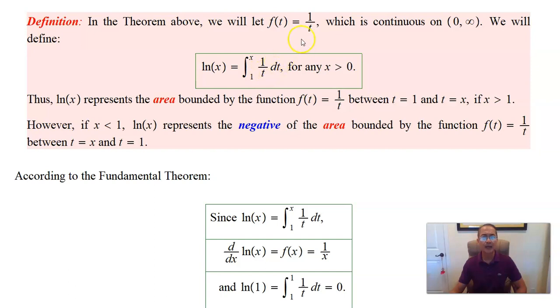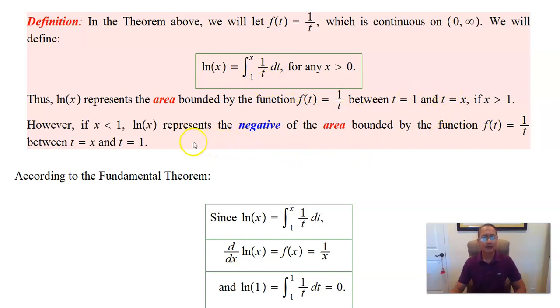In either case, 1 over t is always positive from 0 to infinity. If t is positive, 1 over t is also positive. So therefore, when x is bigger than 1, this function represents the area bounded by 1 over t above the x-axis between 1 and x.